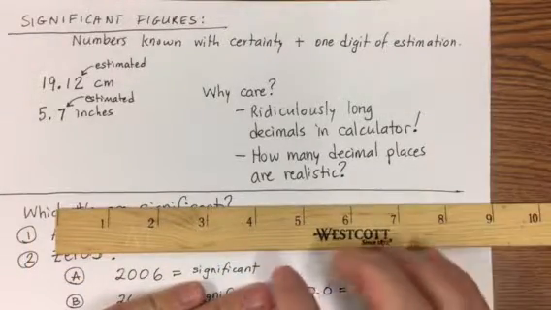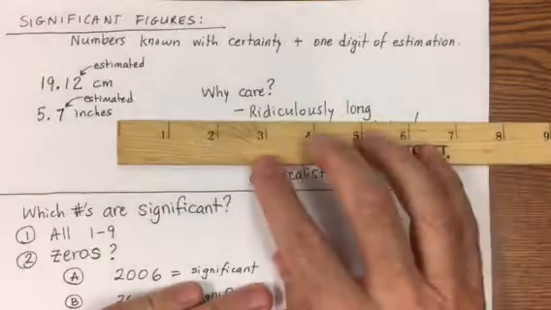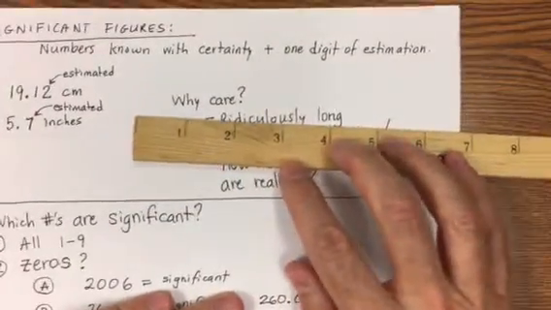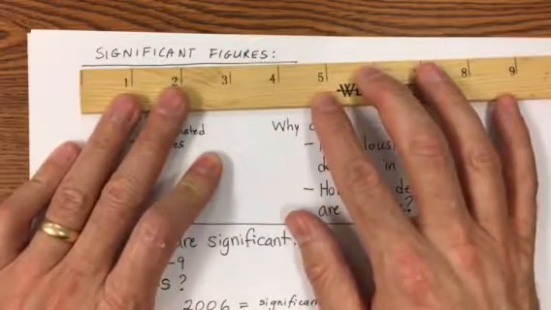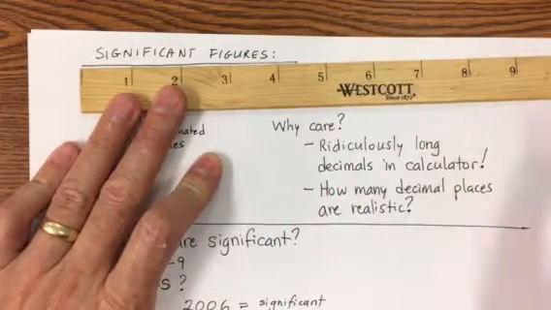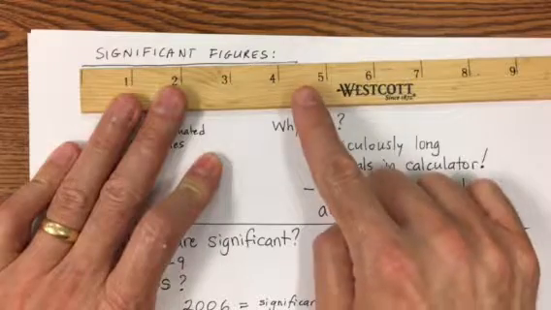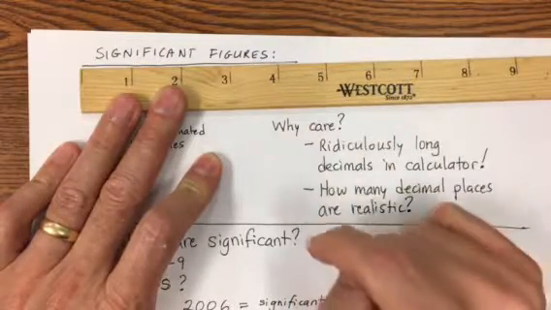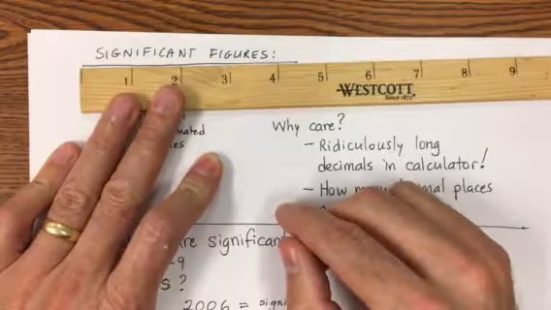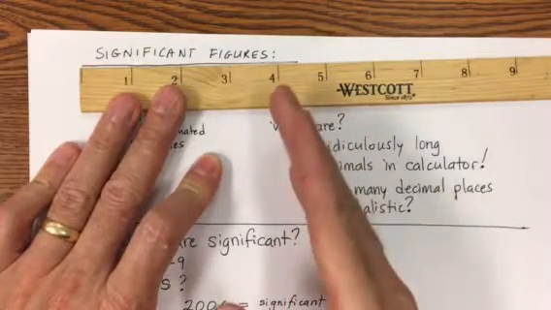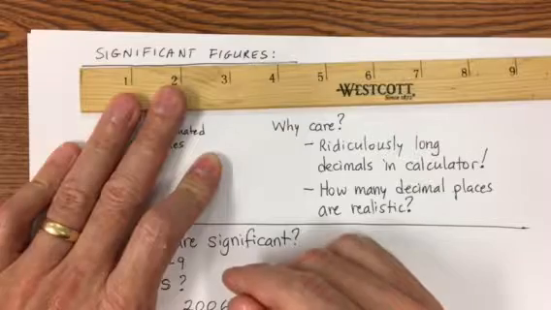This is an inch ruler, and if I wanted to measure how long this line is right here, to the best of my ability to measure with this ruler, I would say that that line is somewhere between 4 and 5 inches long, but I cannot say with accuracy exactly how far between the 4 and the 5 that is.